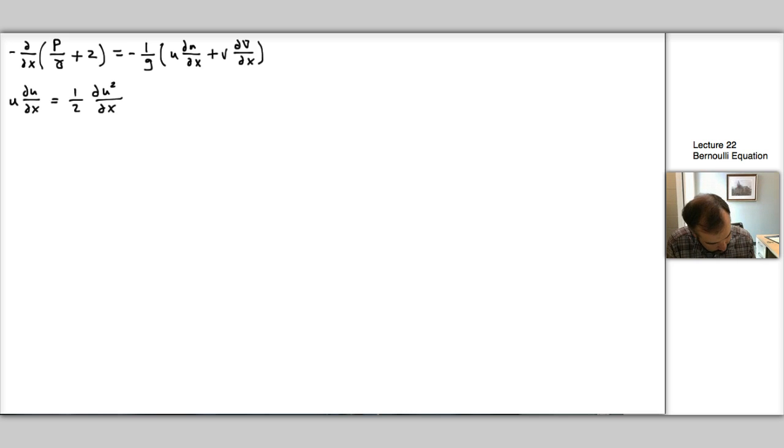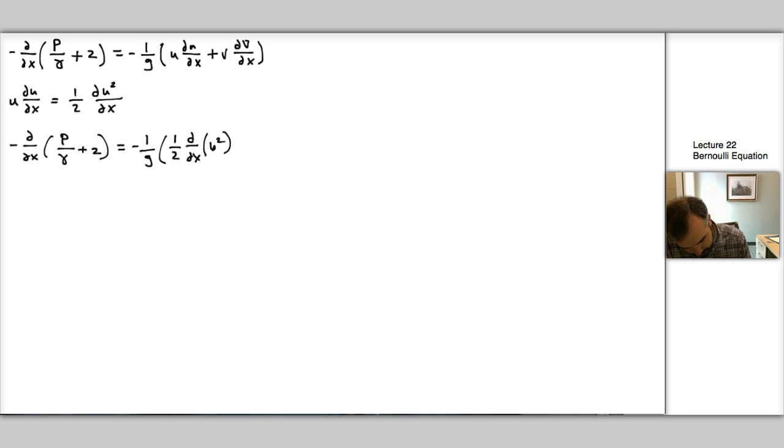And that's going to give us negative d/dx of (p/gamma plus z) is equal to negative 1/g times 1/2 d/dx of u squared plus, we're going to do the same thing for the second term, 1/2 d/dx of v squared. And now we have everything within our x derivative.